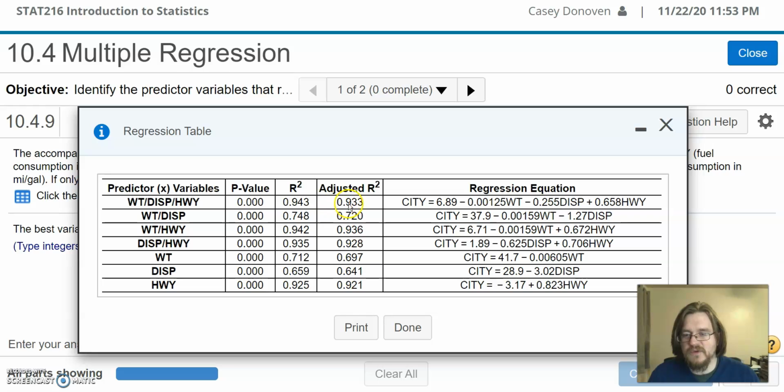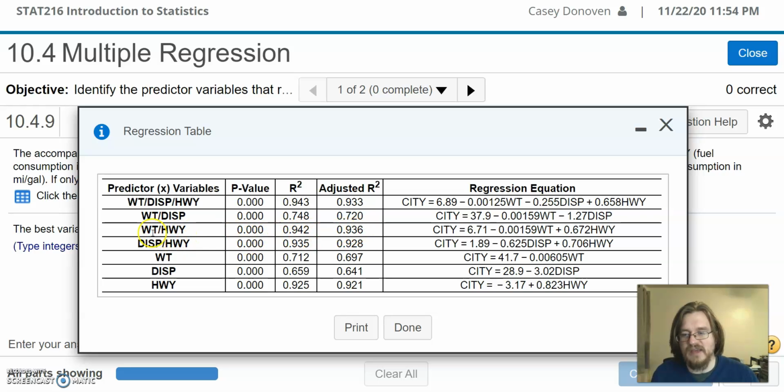However, if you were to compare using all 3 of the predictor variables to just using the weight and highway, so you're getting rid of the engine displacement, the adjusted r-squared actually goes up a little bit. So it's better to not use the engine displacement than it is to use it if you're using both the weight and the highway gas mileage.